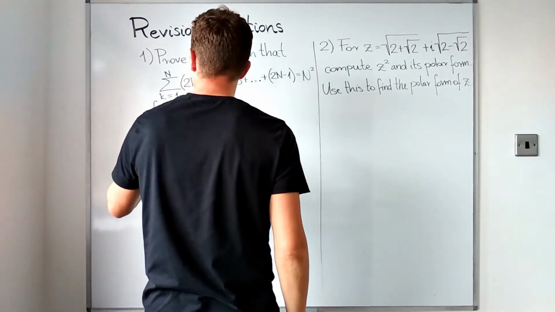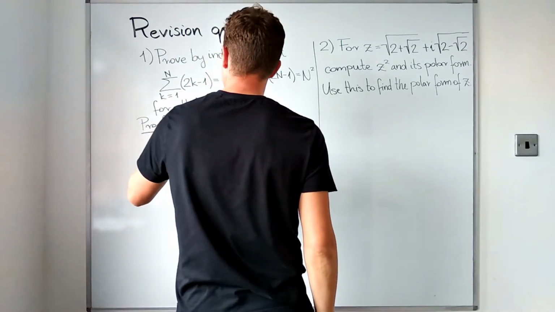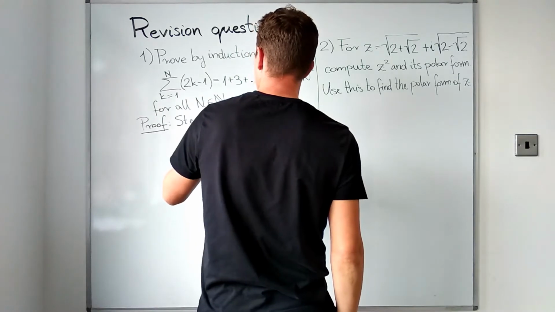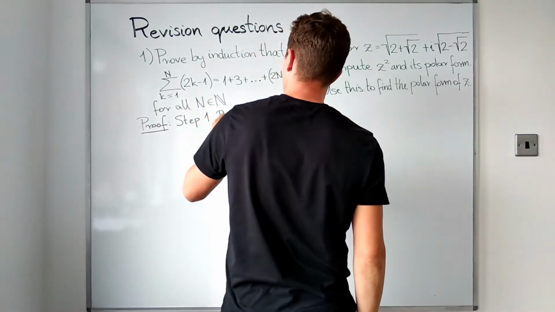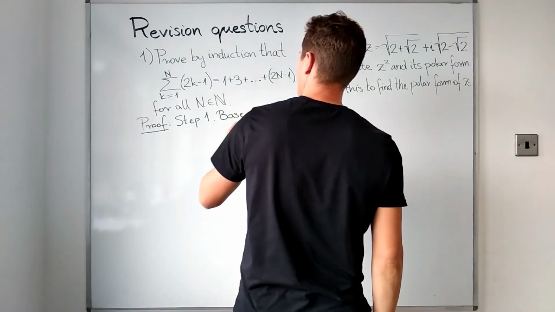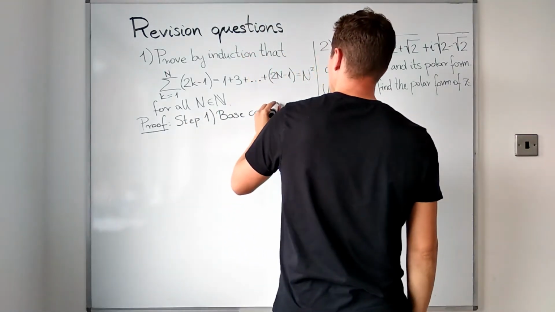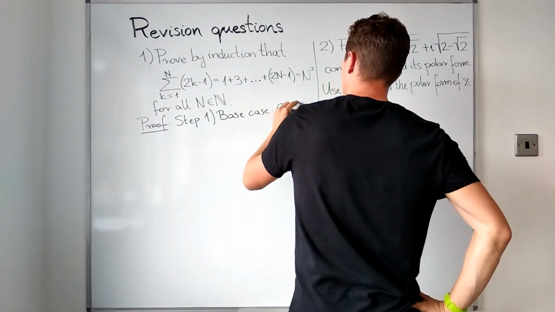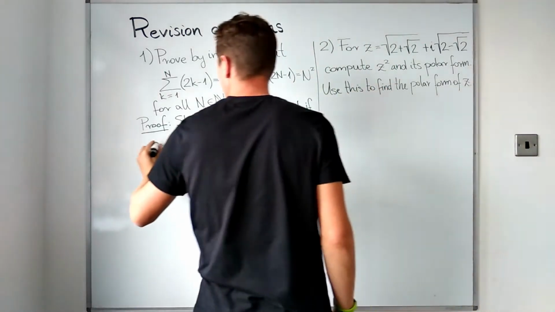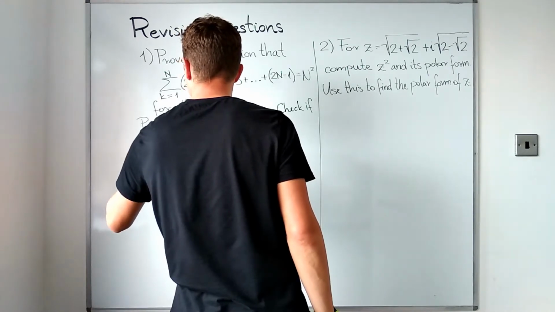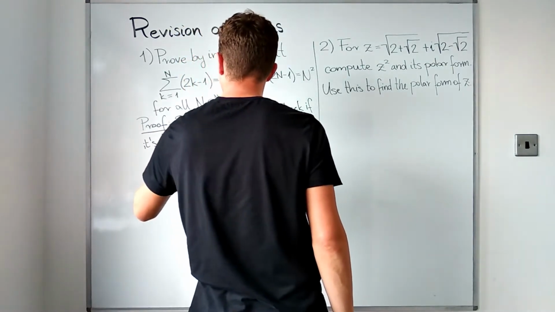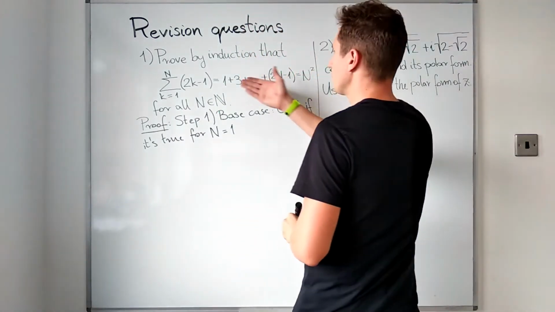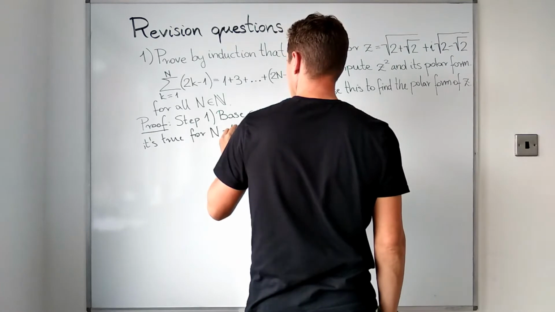We'll go through the usual three steps, the first of which is establishing the base case, which is to check if it's true for some small value of capital N, the smallest possible is n equals 1 in this case.